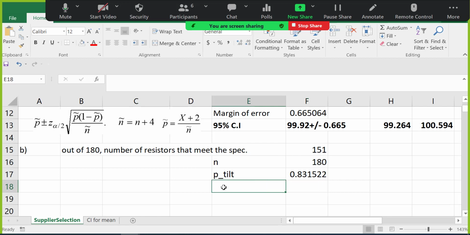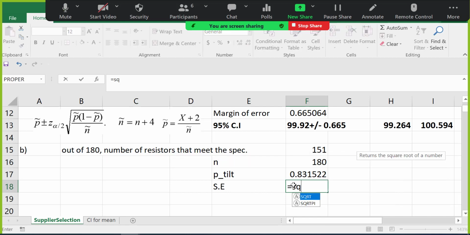So once you have p tilde, you can calculate what we call the standard error part, without the z-value part. That's the square root of p tilde multiplied by 1 minus p tilde, divided by sample size plus 4.